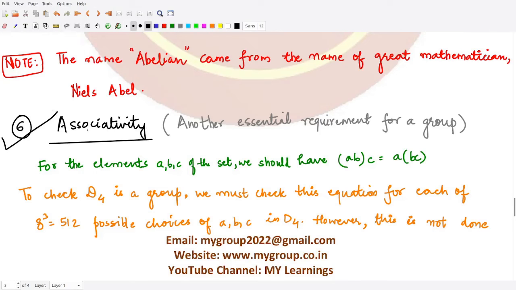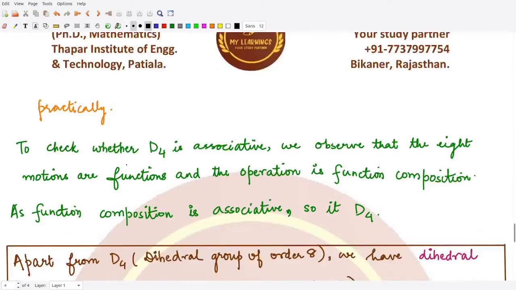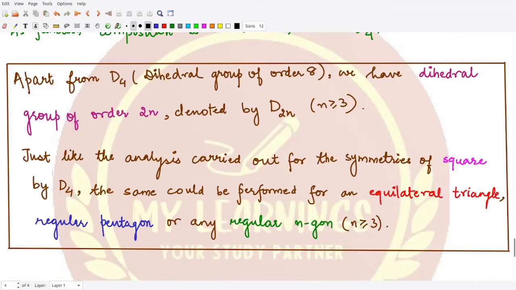If all of them hold together for a particular set together with a particular mathematical operation, then that mathematical structure forms a group. We were talking about the dihedral group of order 8, the symmetries of a square. We were performing the rotation and flipping it through various directions.